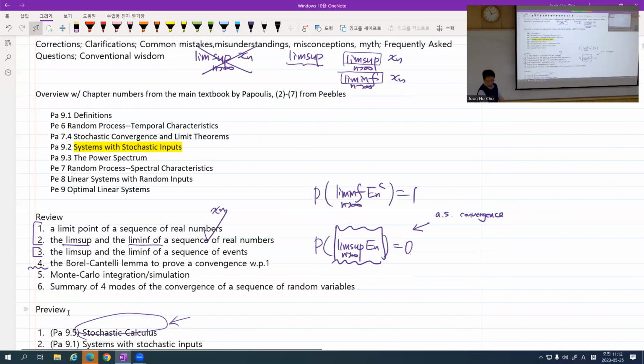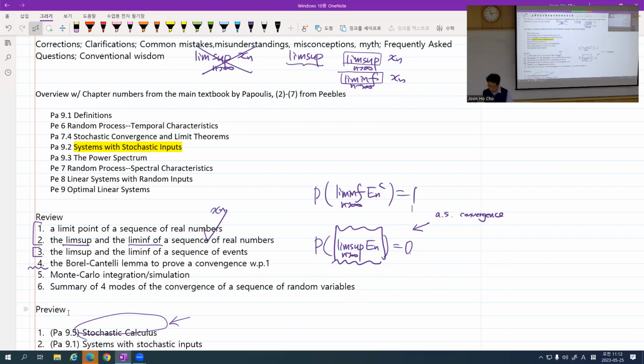Next one was on the Monte Carlo integration. So given a situation where you need to compute the integral of some function, what you do is introduce a random variable and solve the problem by relying on the law of large numbers.